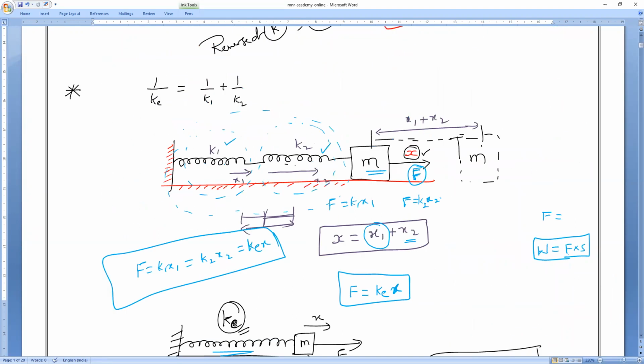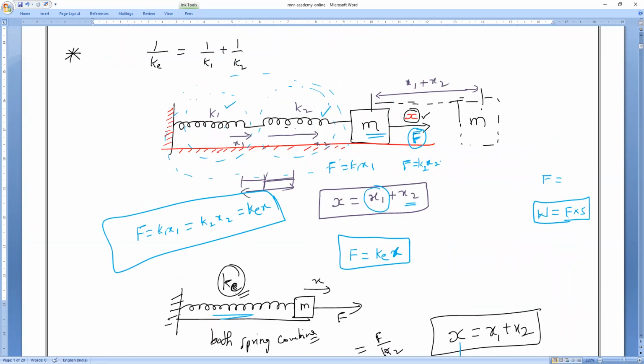Once again, everybody see, the force exerted on M is the same as on spring 1 and spring 2. If I combine both the springs, I will consider the equivalent spring constant as Ke. Then the force exerted on them is equal. All three are in series, so the same force is exerting. Force is not distributed separately for spring 1, spring 2 and the mass.